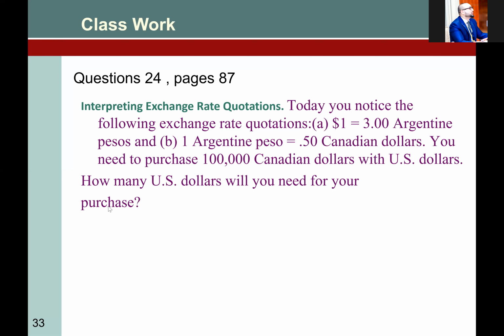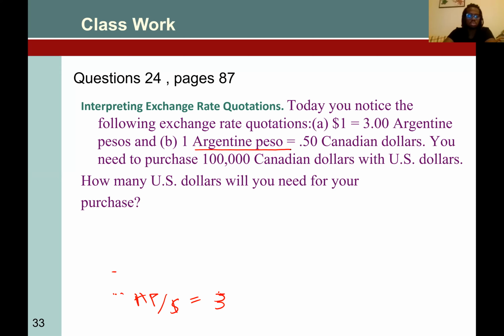Okay, guys. So we are back from our breakout room. So let's do this classwork. Today you notice the following exchange rate quotations: $1 to 2 Argentinian pesos, which means we have Argentinian pesos, I'm just going to write it AP, over dollar is equal to 3.